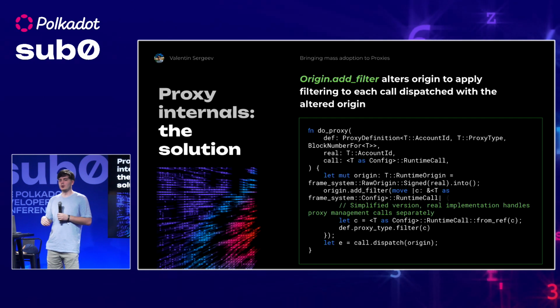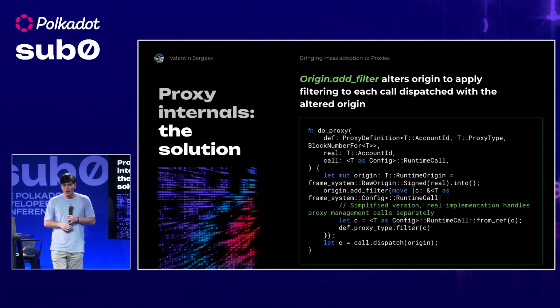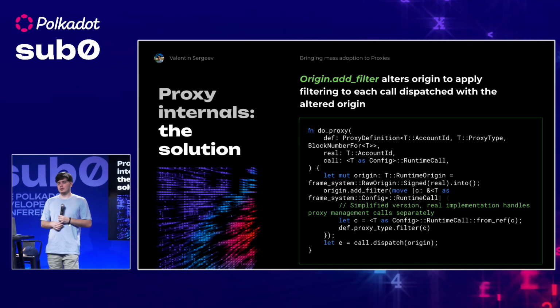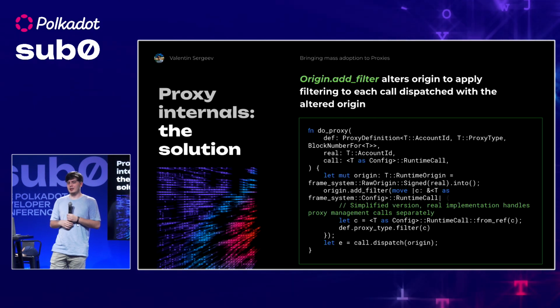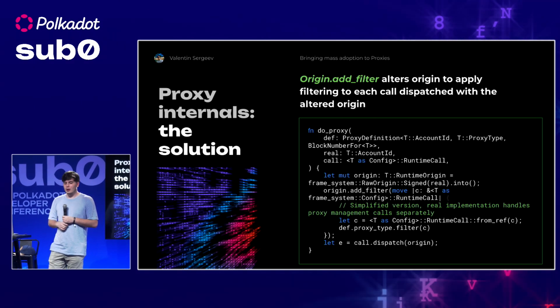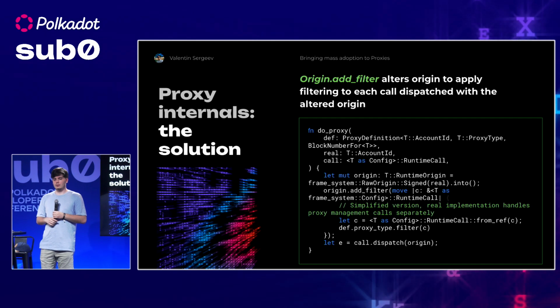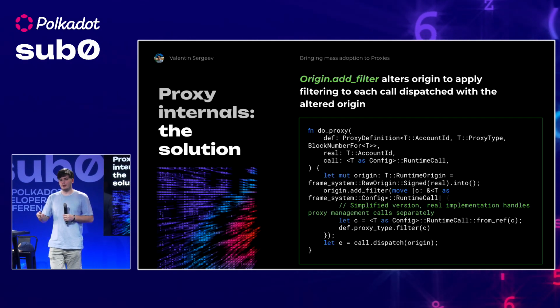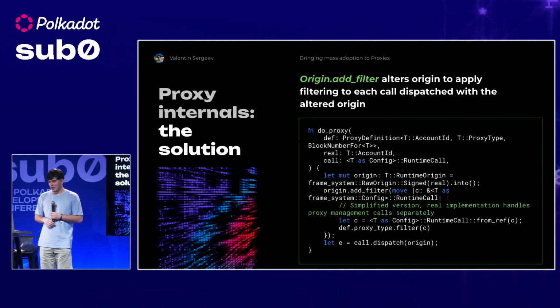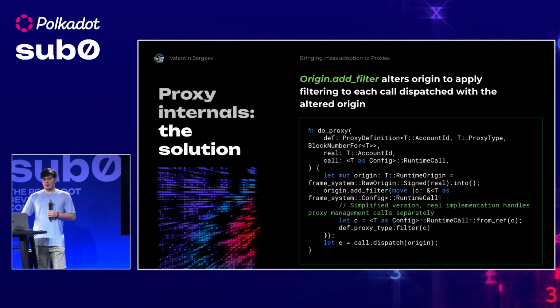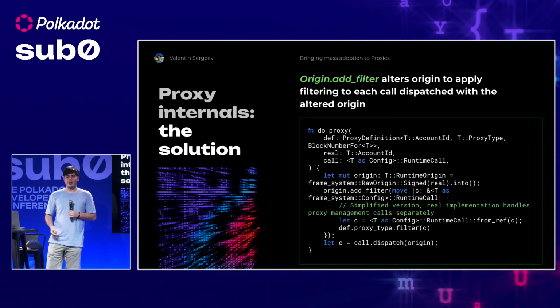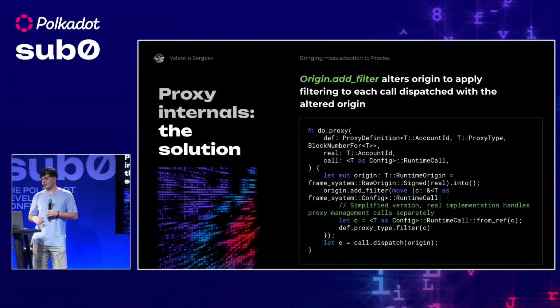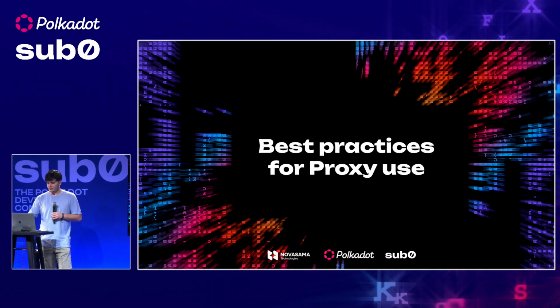It will execute with full access to the multisig account. Or you can use, I don't know, as_derivative in utility, which takes into account whatever filters there were on the origin. That's how Pilot proxy makes itself really generic, scalable and configurable.